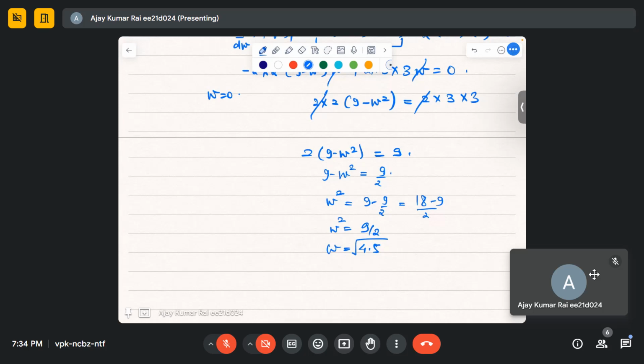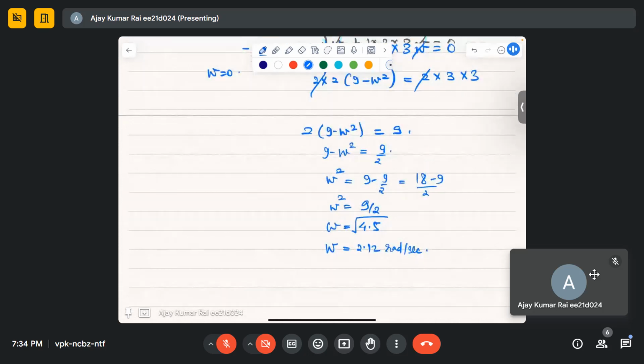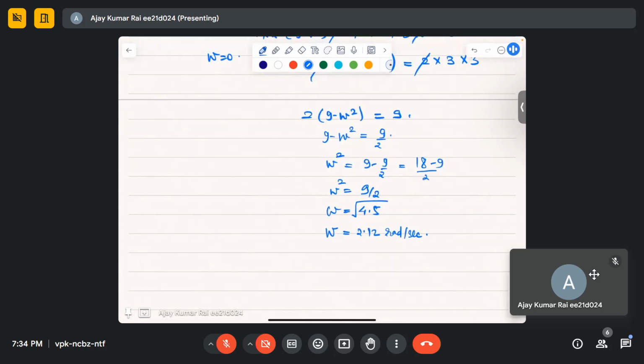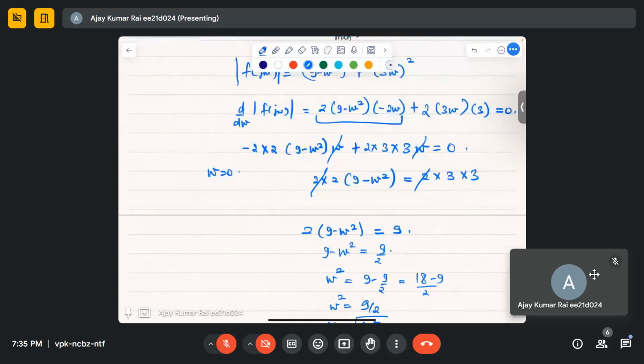So 2.12. Okay, and again, how to check this is minima? You again double differentiate this f of j omega. So what is the original value?